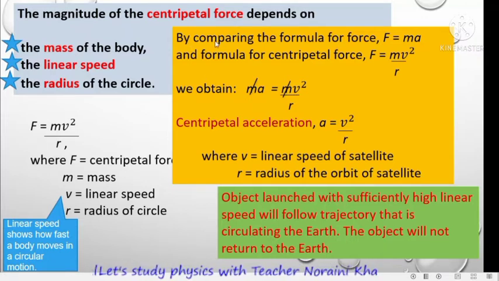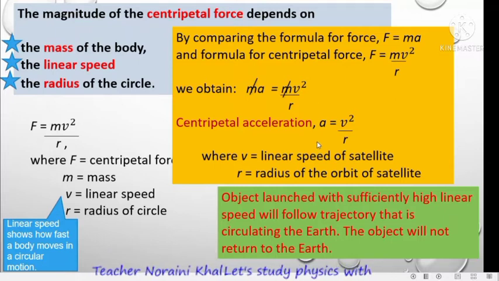Let's look again at the formula of Newton's second law of motion. By comparing the formula for force, F = ma, and the formula for centripetal force, F = mv²/r, we obtain ma = mv²/r. From here you can cancel m, thus you get centripetal acceleration equals v²/r.